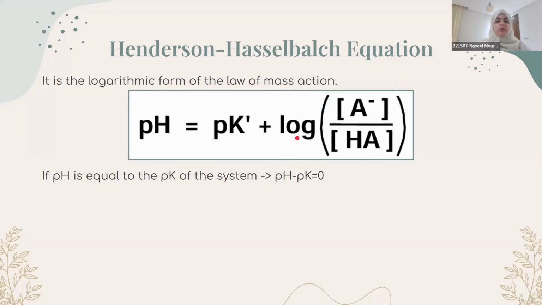Okay. Now, why is this thing important? Because you can see in the equation, we have pH and we have pK. Now, this K in pK relates to the constant value that we talked about, and you'll understand what it means later. Also, you can see here in the log, we have at the top A minus. Now, A minus is a base. And these two brackets like this mean concentration.